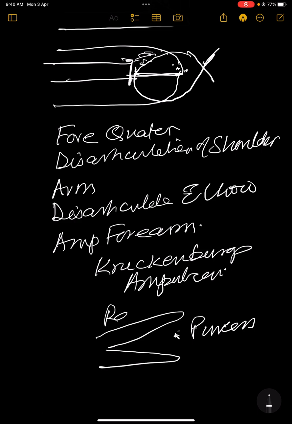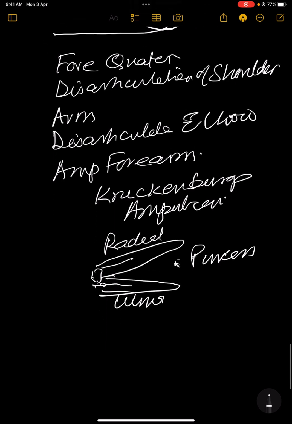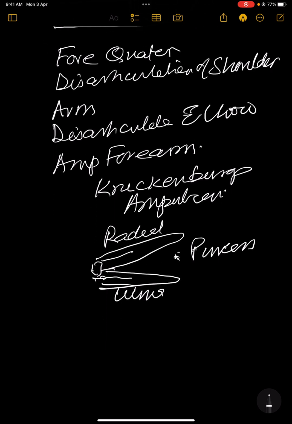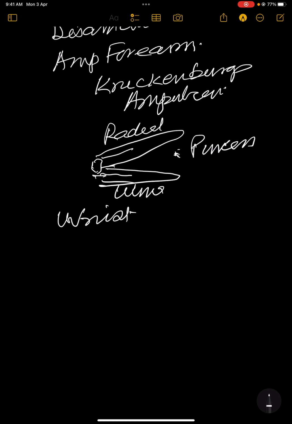So this will be the radial flap and this will be the ulnar. And you will be moving at the radio-ulnar joint. Right? Then there is through the wrist. And of course, thumb, fingers.